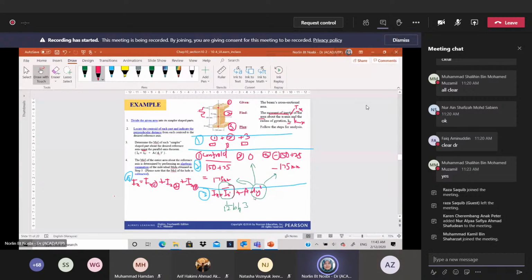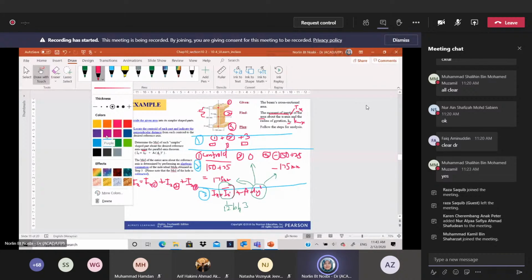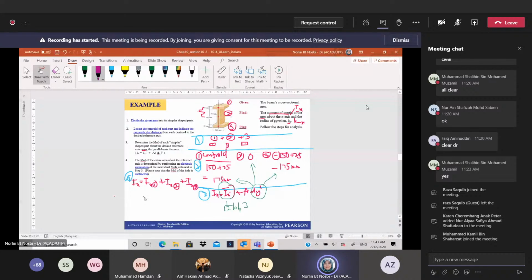So the first one, let us do the first one. So Ix is equal to Ix bar plus A dy squared. So I bar for a rectangle is 1 over 12 BH^3.